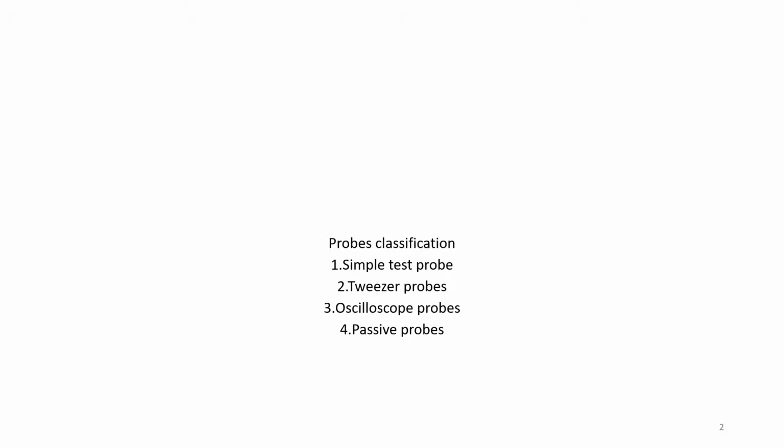Now, the modern scope probes can use lossy low capacitance transmission lines and sophisticated frequency shaping networks to make x10 probes perform well at several hundred megahertz. There are other adjustments for completing the compensation.